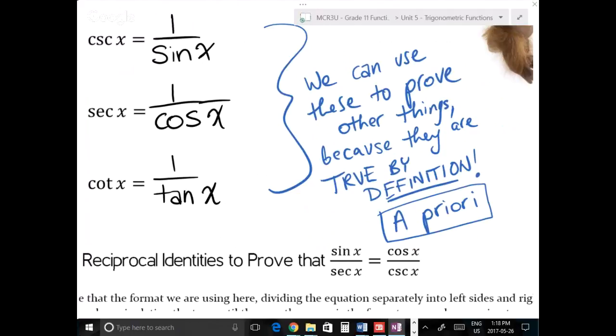There's lots of things we can't know to be true. There's a whole branch of knowledge about that called epistemology. But within math, if we say that the definition of cosecant is just 1 divided by sine, then that's true by definition. It is an a priori truth. It has to be true because I'm just saying, here's the word I've made up, here's what it means. Does that make sense?